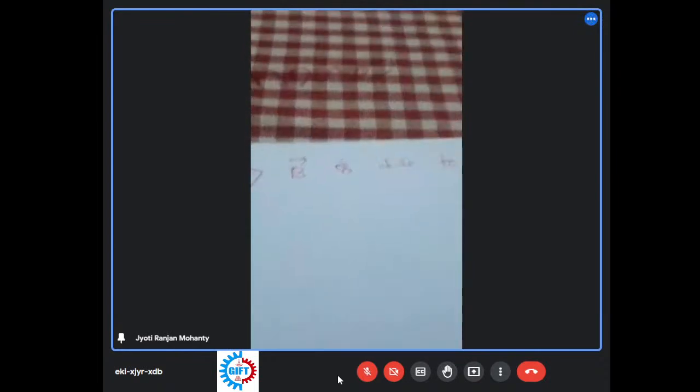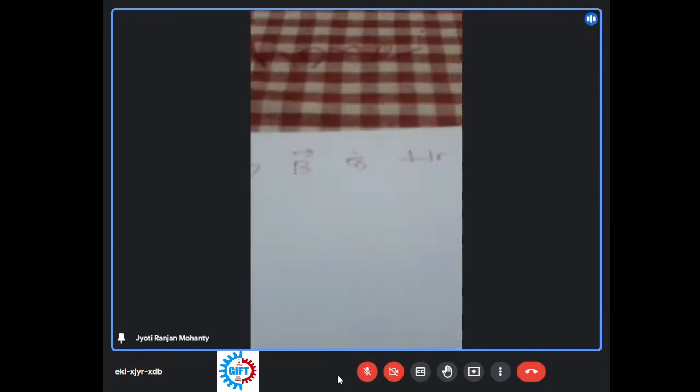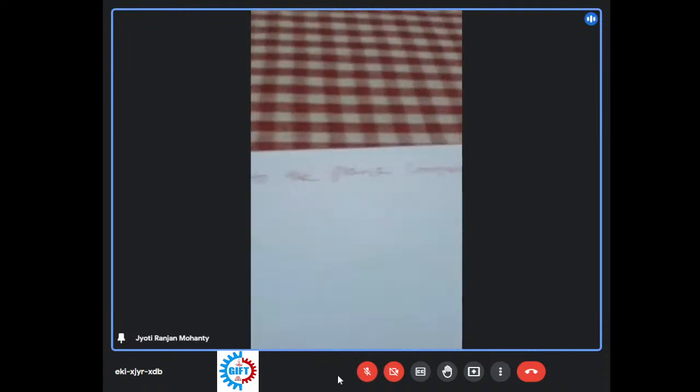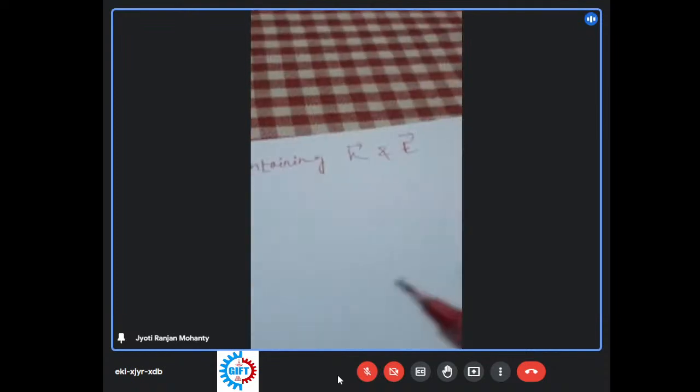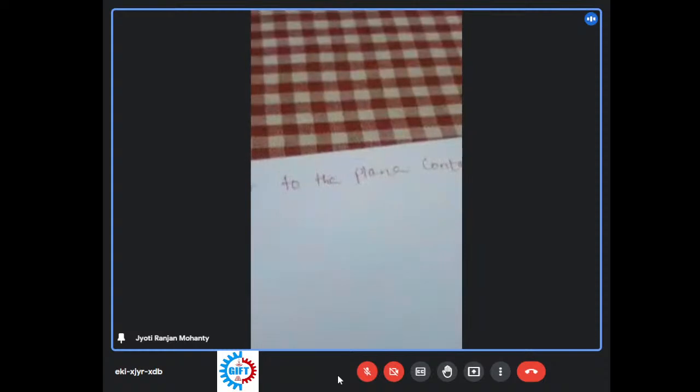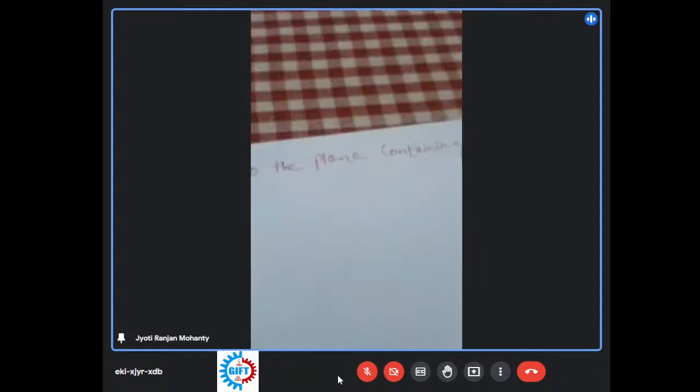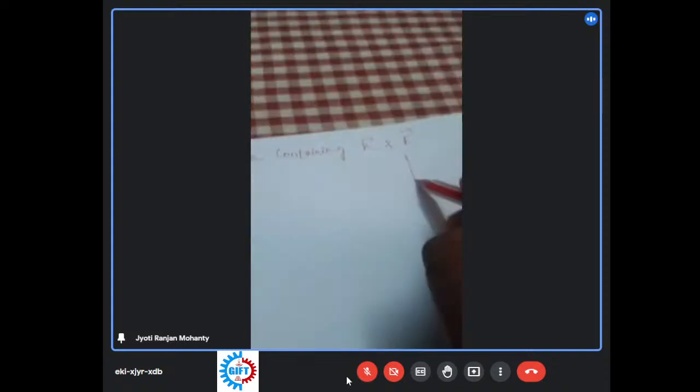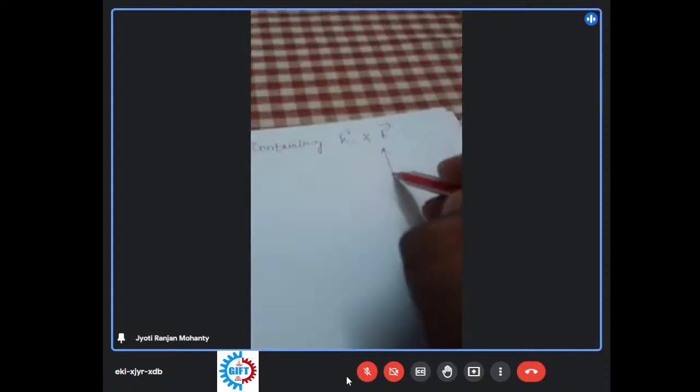Okay. So we got vector B is perpendicular to the plane containing K and E vector. The diagram is like this.